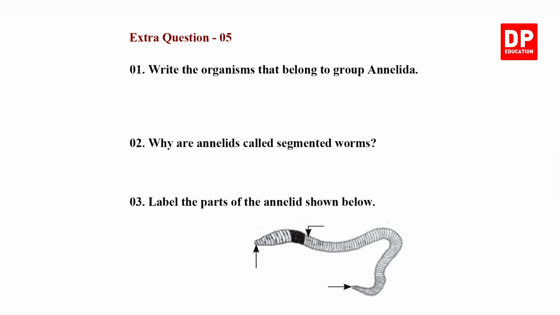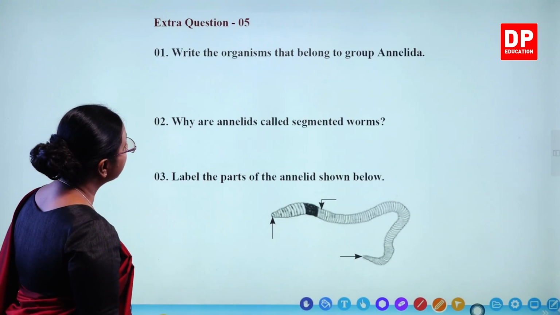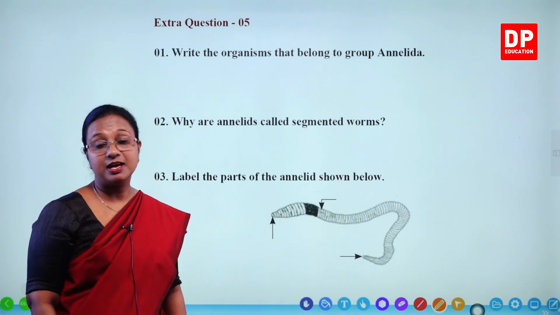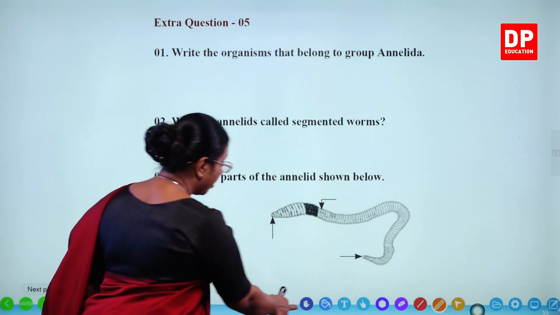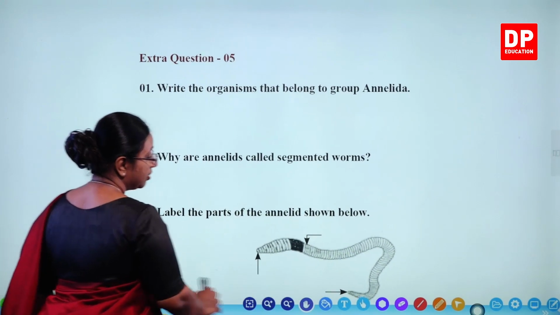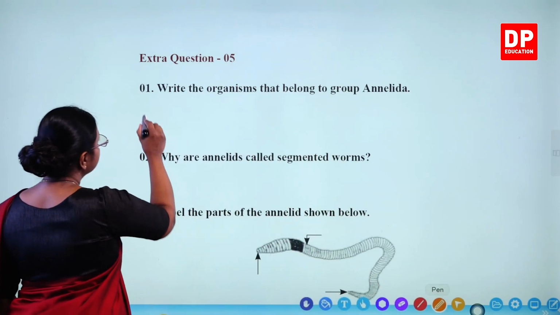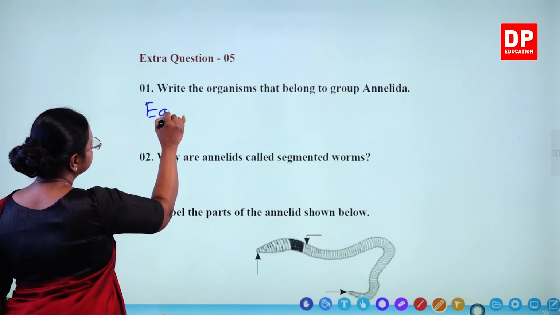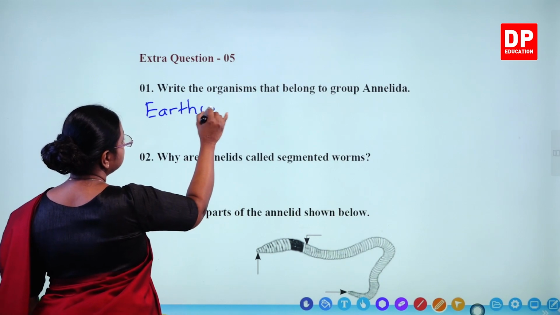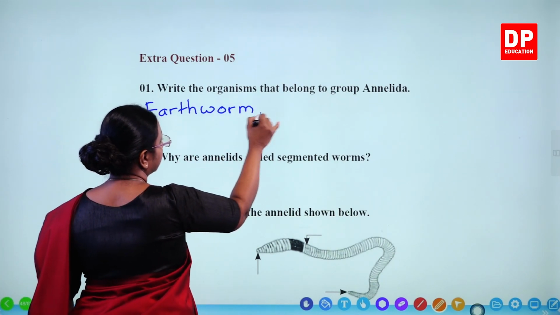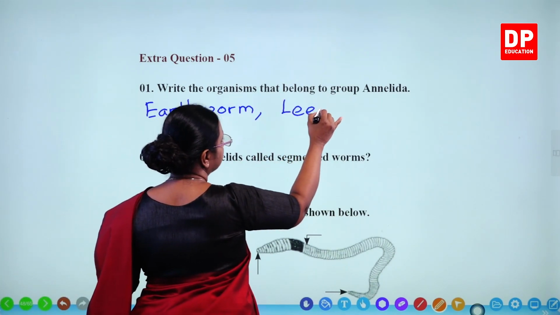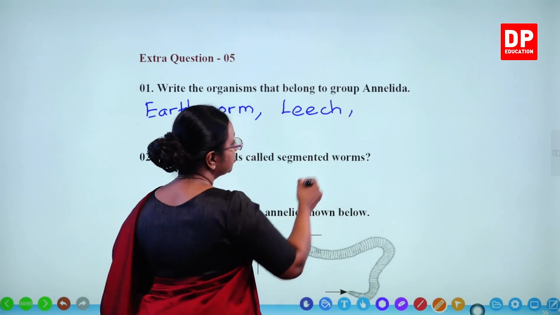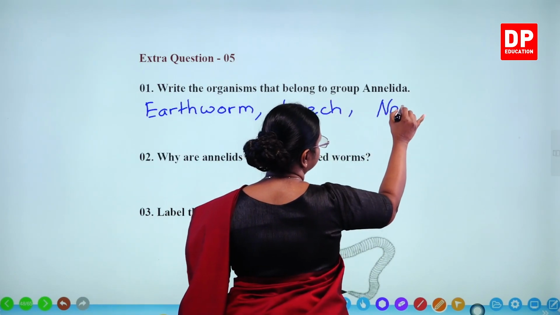Extra question 5. Write the organisms that belong to group Annelida. What are the organisms that belong to group Annelida? You can remember the examples. Earthworm, then leech, and also Nereis.